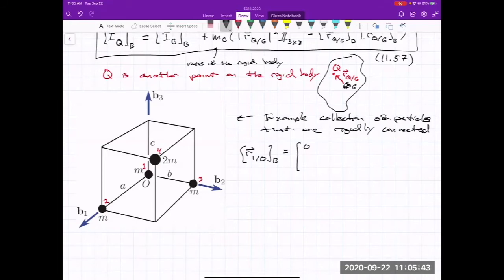So this is just a column vector of zeros. If we were to write where's particle 2 with respect to the origin, it's only along the first axis, the B1 axis, a distance A, and then everything else is 0.